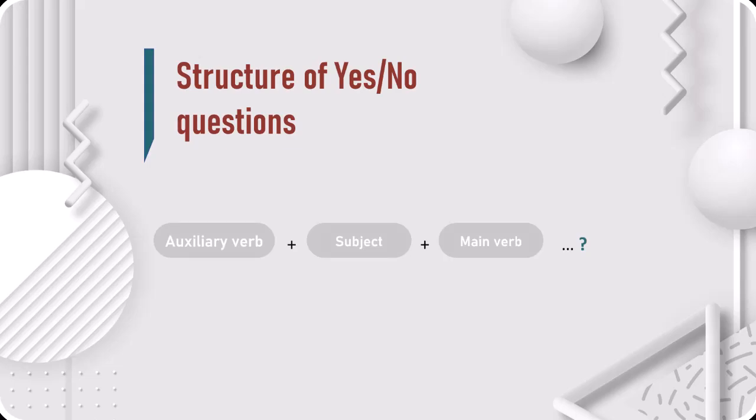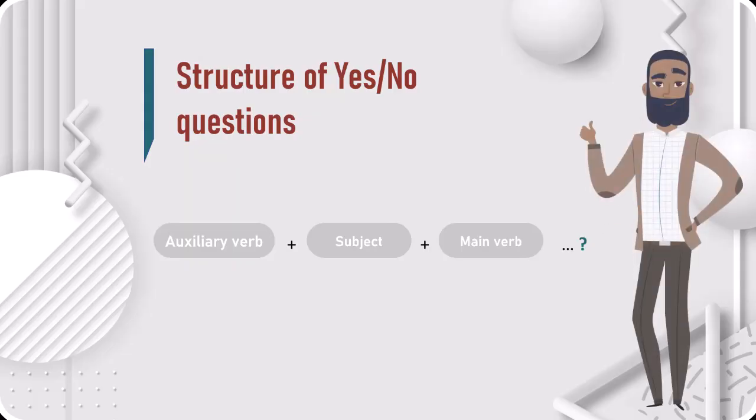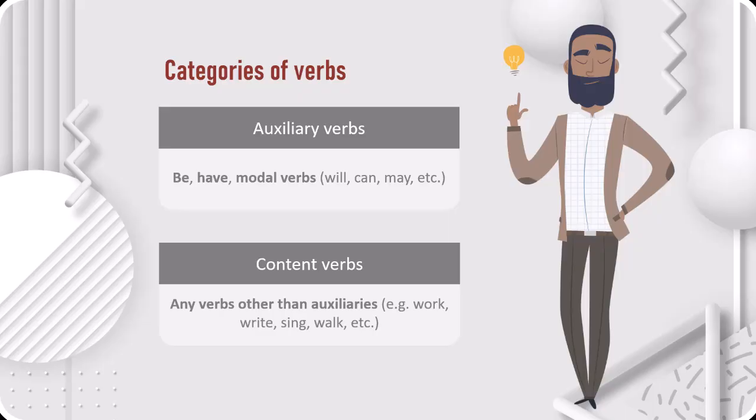It is structured in such a way that we have the auxiliary verb plus the subject plus the main verb, and you continue with the rest of the sentence and the question mark at the end. But it is very important to understand that there are two main categories of verbs.